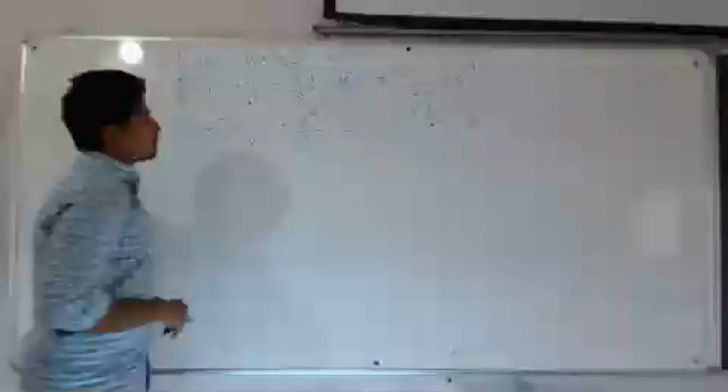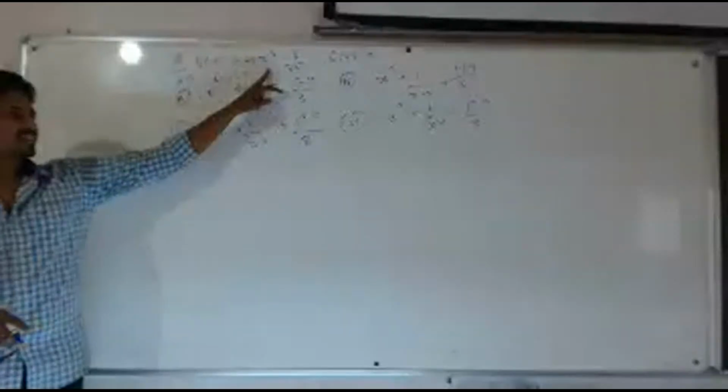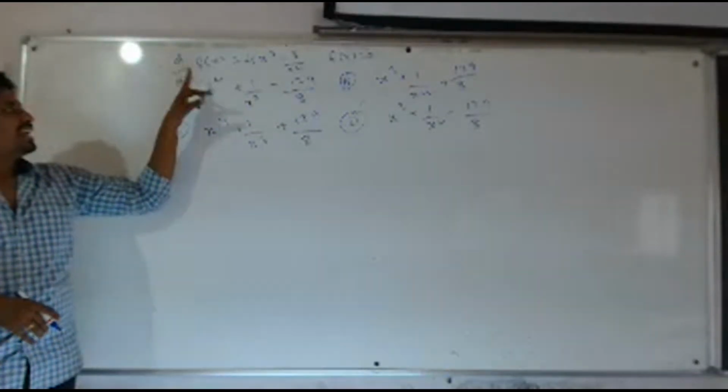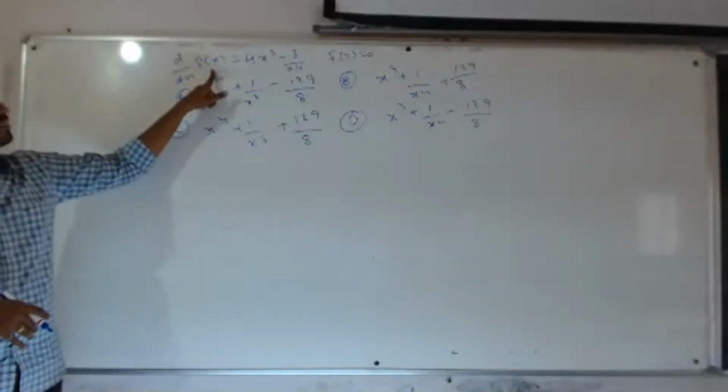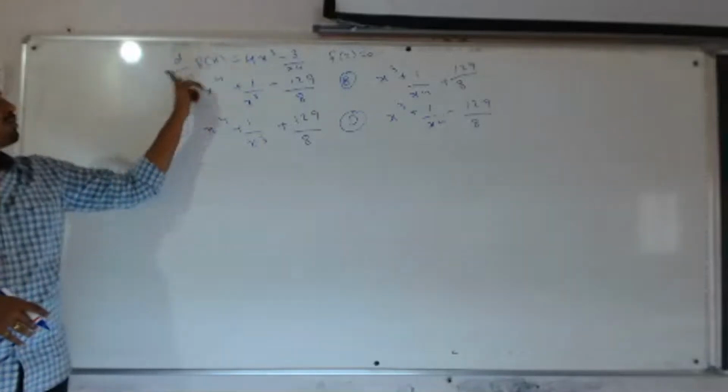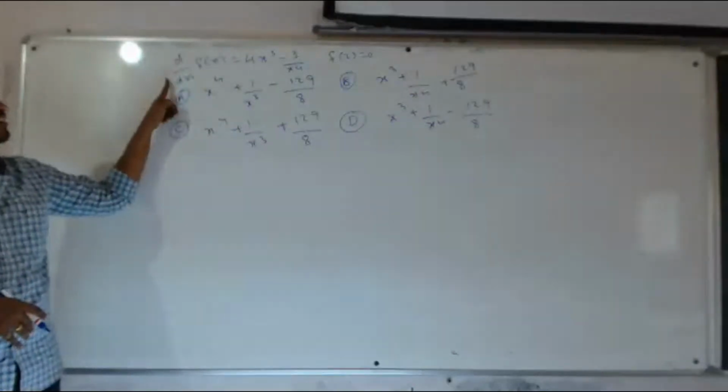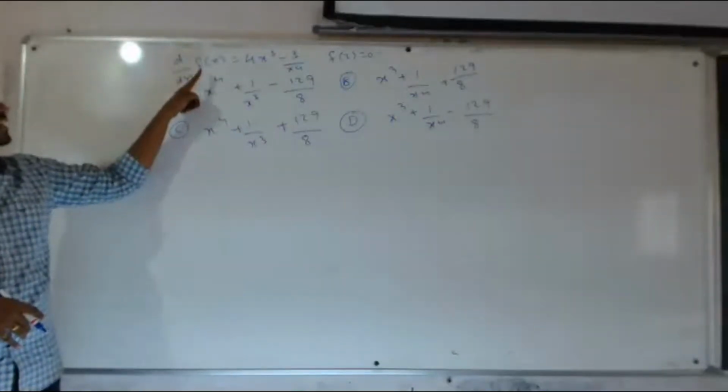See, the derivative of a function was given. If we do integration on both sides, integration and derivative cancel, and you get f of x.